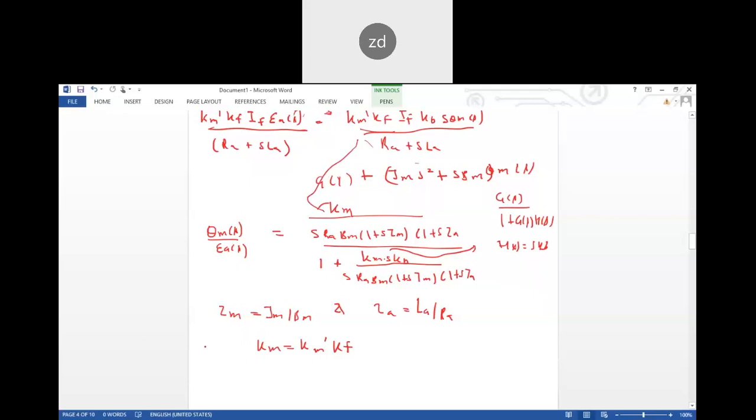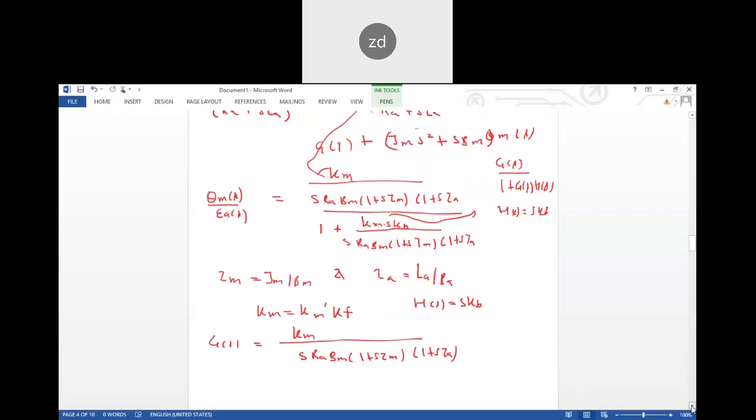So G(s) is Km over s Ra Bm (1 plus sTm)(1 plus sTa), and H(s) is s Kb.